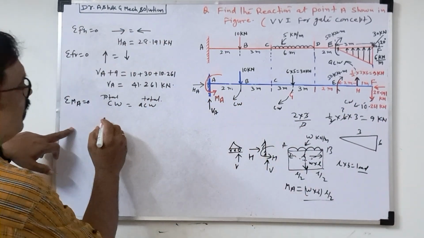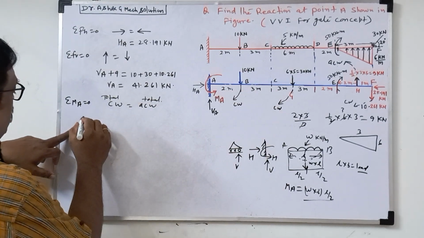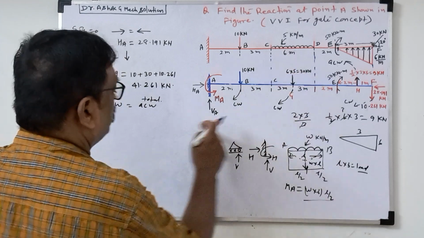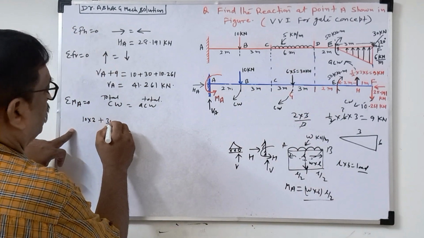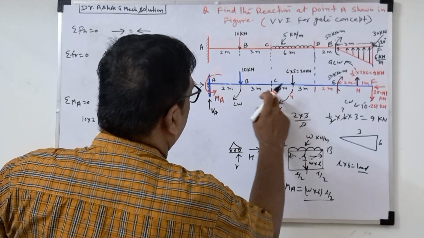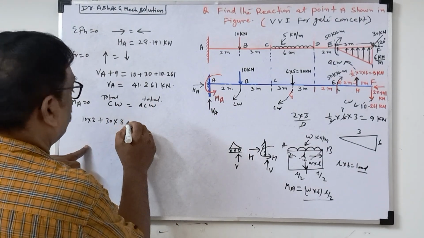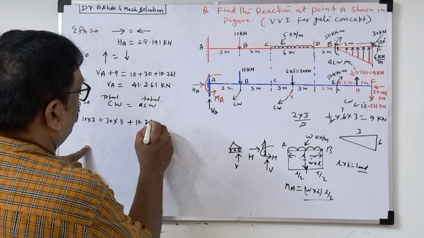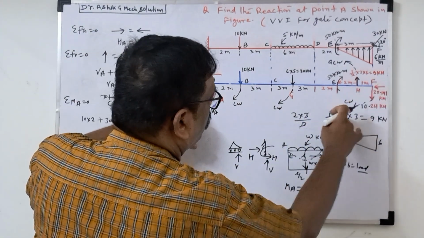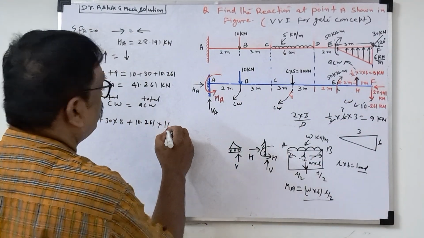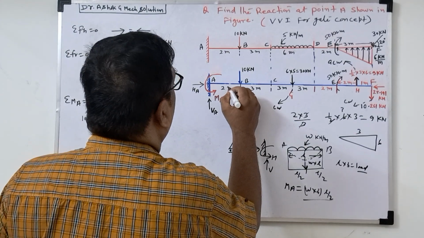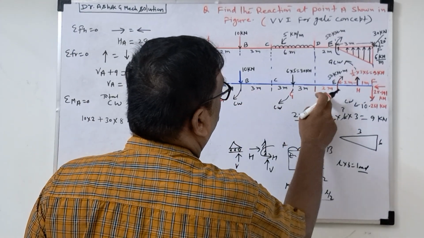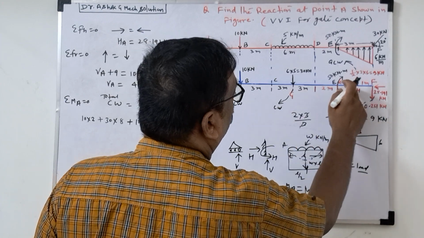Clockwise, you see here: 10 into 2. This is a clockwise moment. Then 30, plus 30 into total distance: 3, 3, 6, 2, 8. Plus 10.261 into total distance 16. Check it: 2, 3, 5, 8, 10, 13, 14, 15, 16.